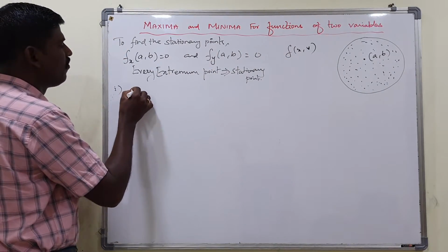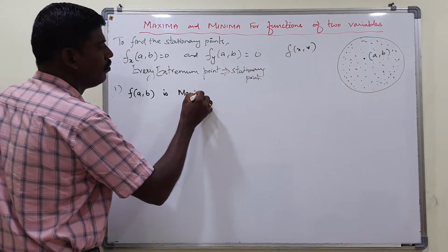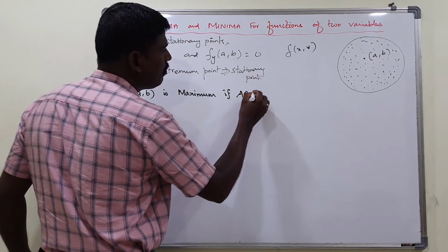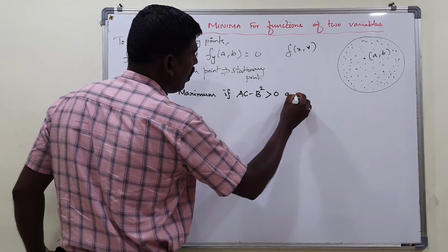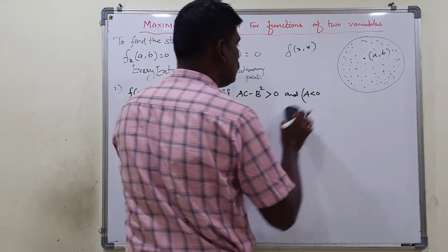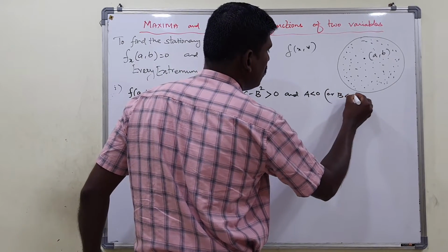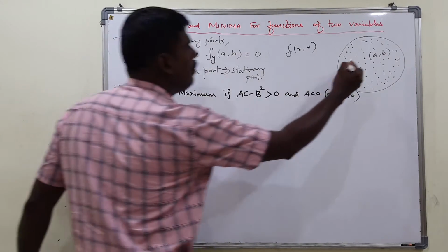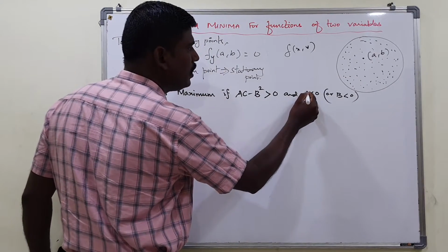Now the next one: f(a, b) is maximum if ac minus b squared is greater than 0 and a is less than 0.